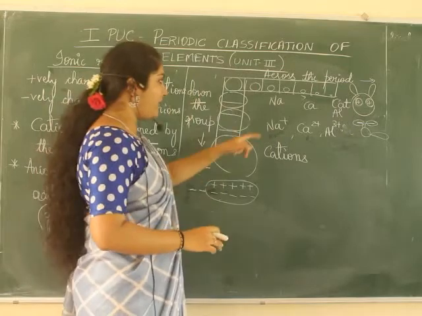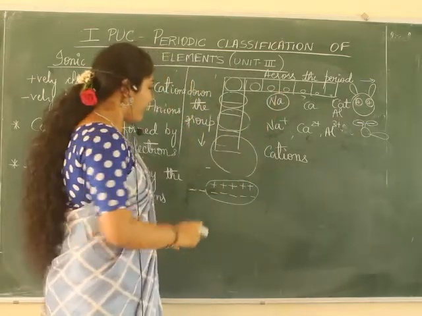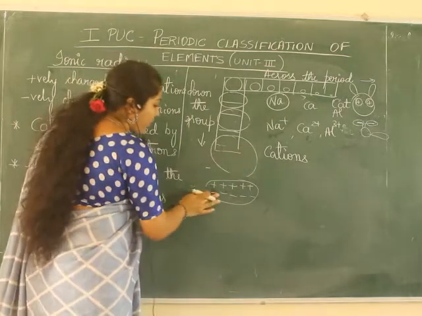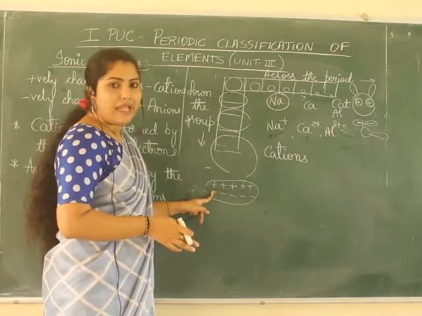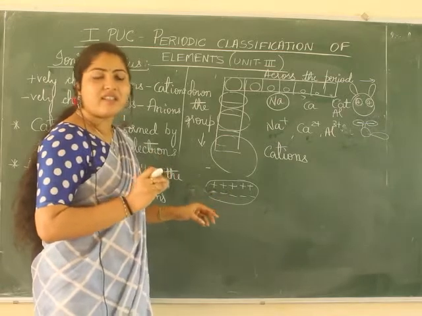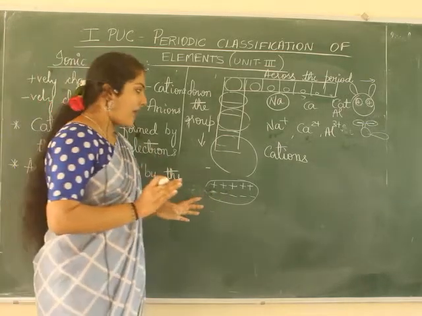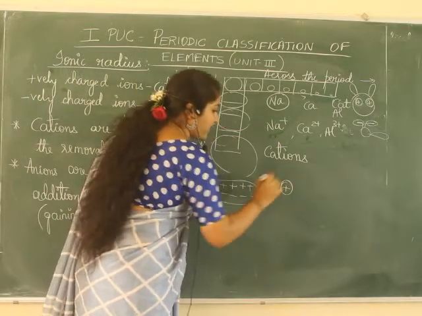Now you imagine sodium had equal number of protons and electrons. Now it has lost one electron, so one charge has become extra, positive charge. Whether the size increases or decreases, now you will have to tell me. Sodium, this is the nucleus.